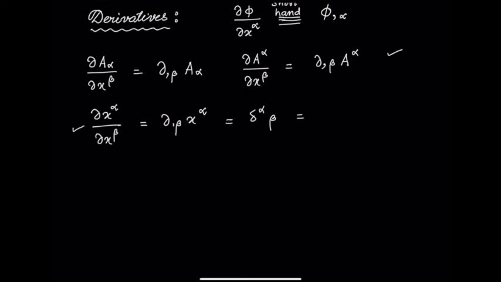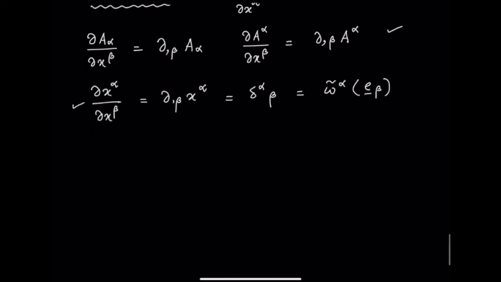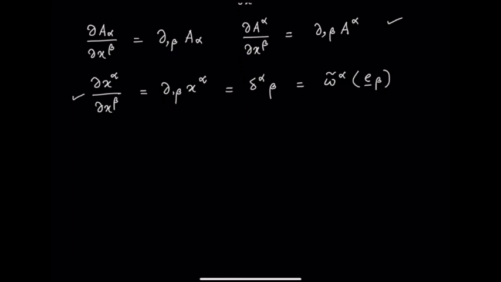Because remember, this is omega alpha e beta, which we have seen earlier, which means I can call this the one form dx alpha.